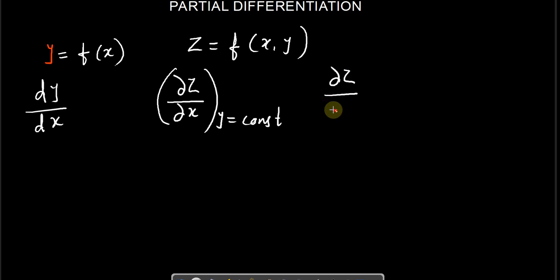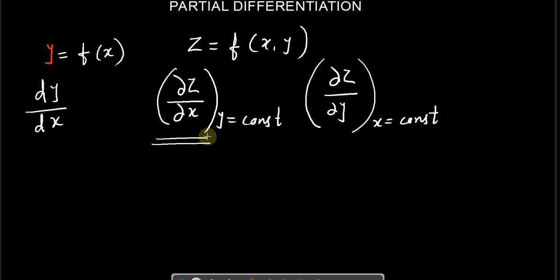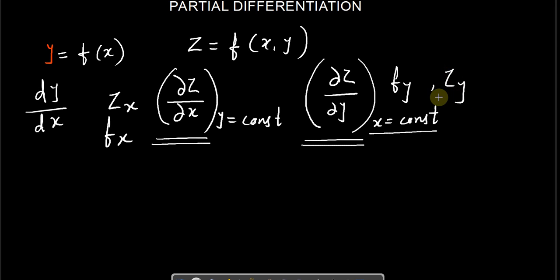Similarly, while differentiating z with respect to y, we call it a partial derivative because we keep x constant. This is also denoted by zx, fx, this is fy, zy.